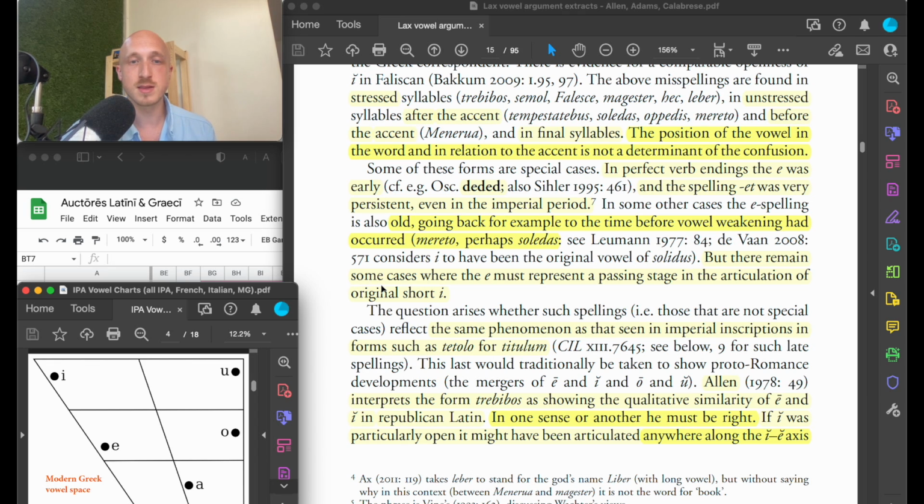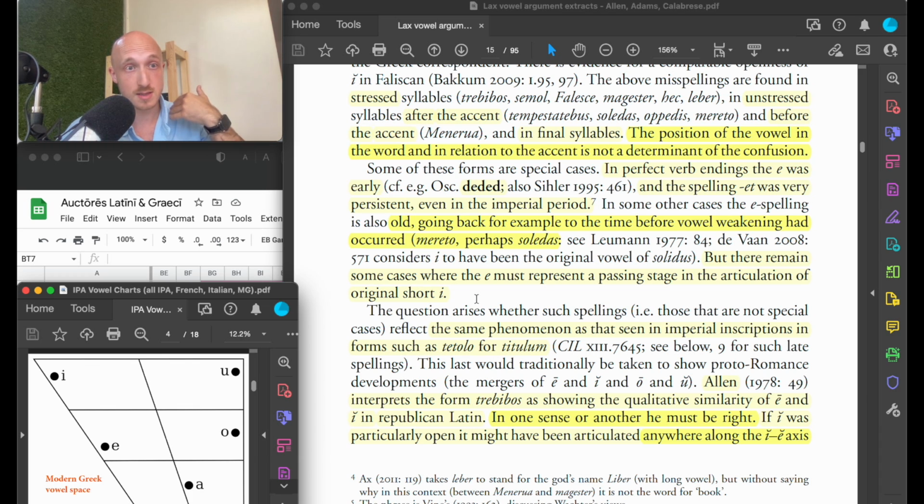But there remain some cases where the e must represent a passing stage in the articulation of original short I. And that's the argument that I'm making, that many of these can be explained by the confusion as the vowel shift is occurring, or already has occurred, that the letter E could represent the I sound, as it did in, say, the is ending of omnis.